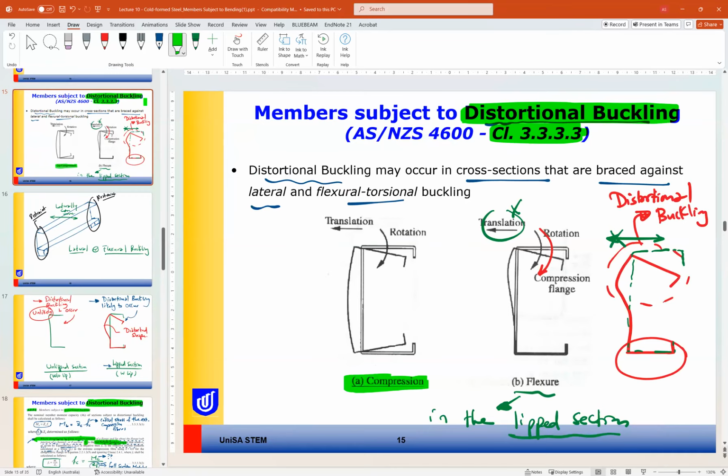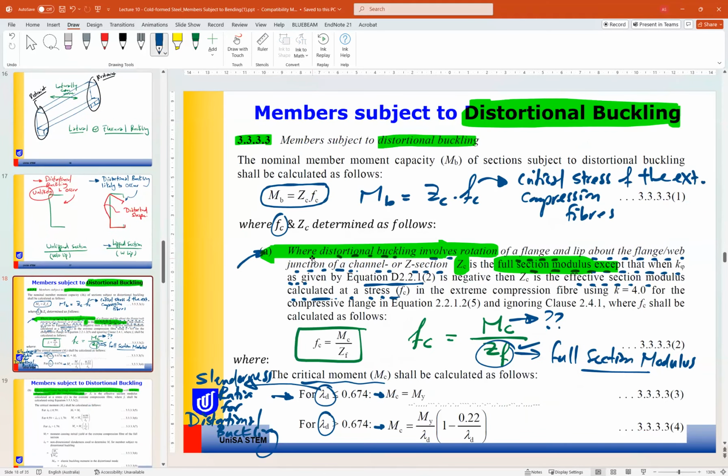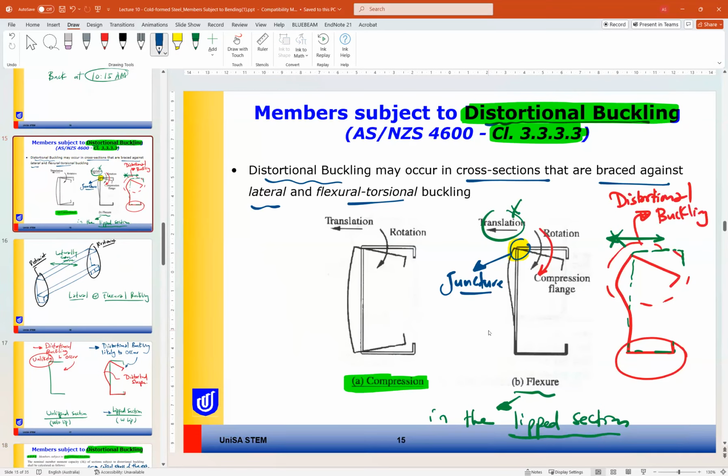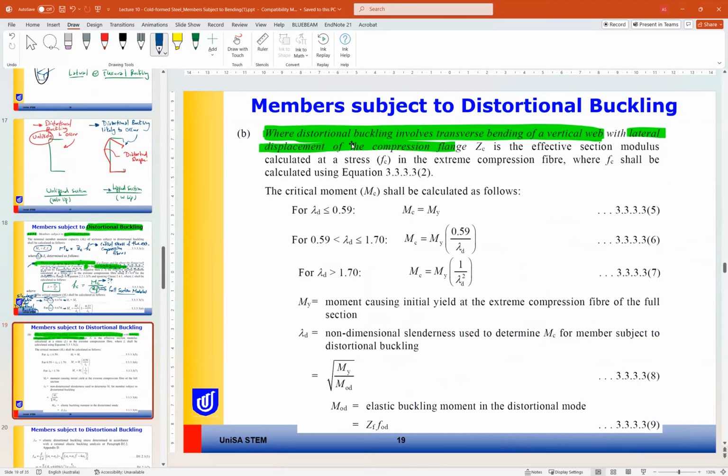As you can see here for the flexure member, no translation happened, and this point here is what the standard calls the web flange juncture. So this part is the juncture between the web and the flange. So this means that case A is related to this part here. So this is case A, and case B here, distortional buckling involves transverse bending of the vertical web with lateral displacement of the compression flange.